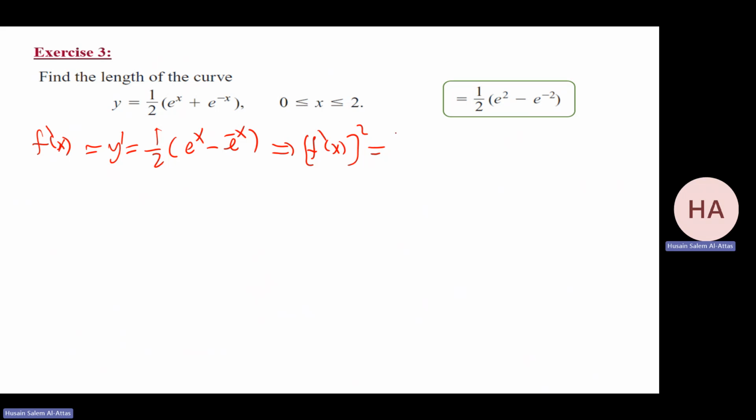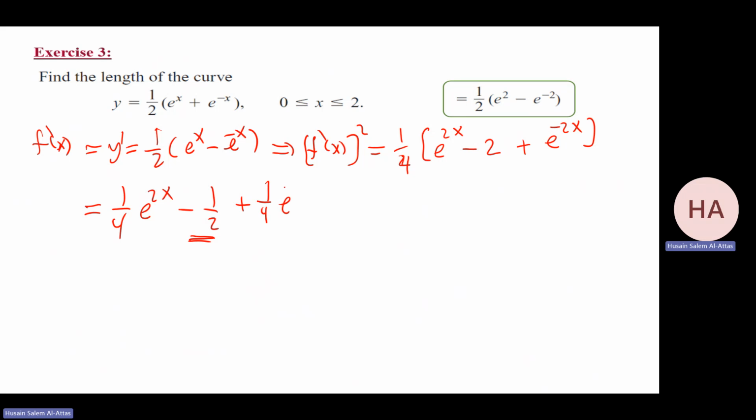That will be 1 over 4 of e to the power 2x minus 2 plus e to the power minus 2x. Otherwise, you can write it as 1 over 4 e^(2x) minus half, plus 1 over 4 e^(-2x).